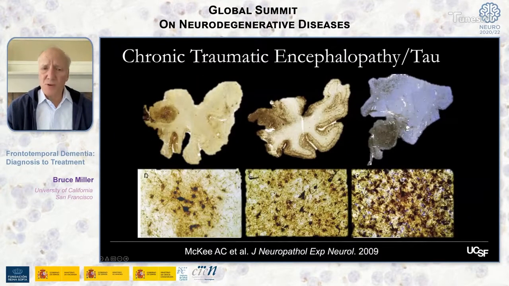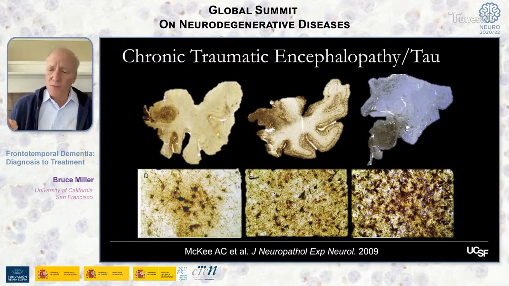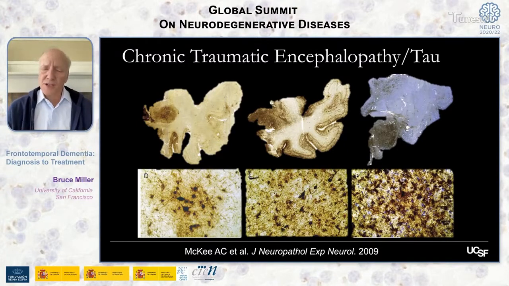Also emphasize that chronic traumatic encephalopathy, caused by repetitive head injury, most prominent in our National Football League football players, is a tauopathy. This is Anne McKee's work. It shows massive aggregates of tau around blood vessels in parts of the brain that are subjected to traumatic brain injury. Also clinically, very often presents as an FTD or behavioral variant phenotype.